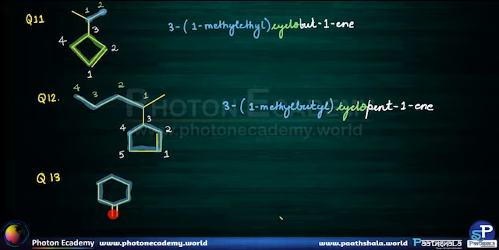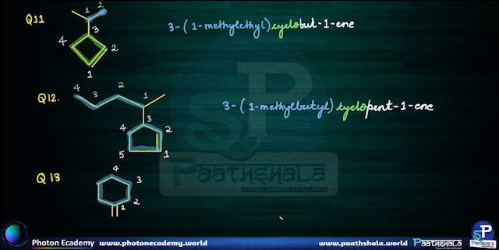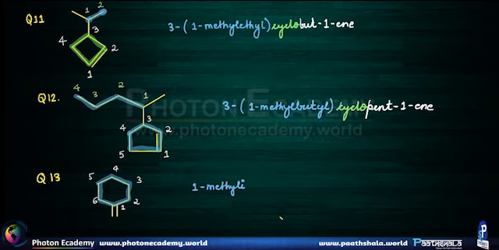So I'll just name this compound. Let's do the numbering first. So the correct numbering will be 1, 2, 3, 4, 5, 6. So, the correct IUPAC name for this compound will be 1-methylidene. Just very carefully see that after methyl I am adding ylidene.